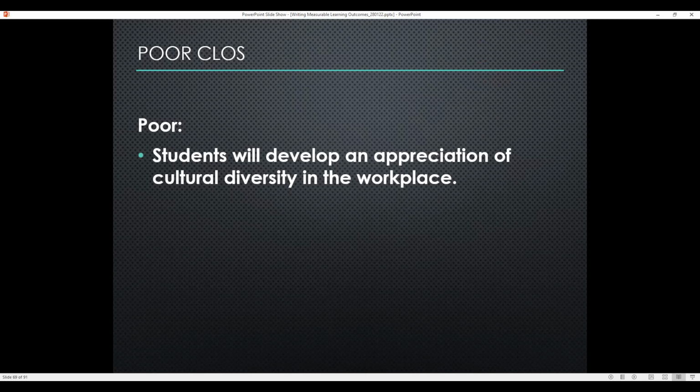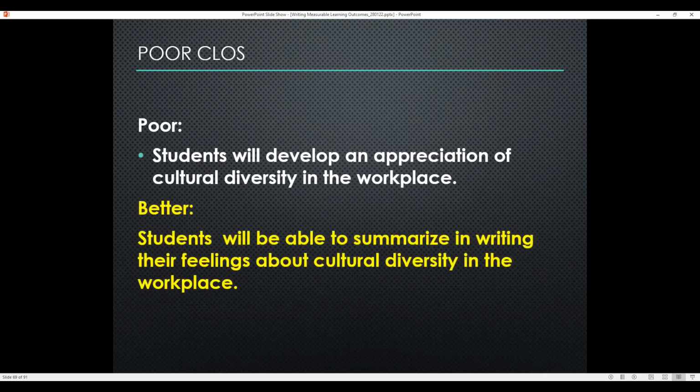Like what Dr. Tang said, of course it's something daily, but when it comes to measurement, it's actually very tricky. How are you going to do it? You can write something like students will be able to summarize in writing their feelings about cultural diversity in the workplace.